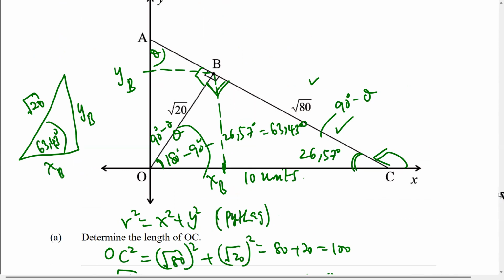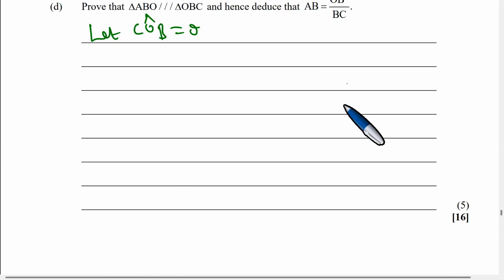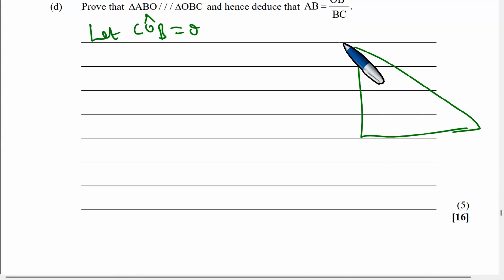I want to just draw a diagram there a little bit. AOC then B. COB theta.